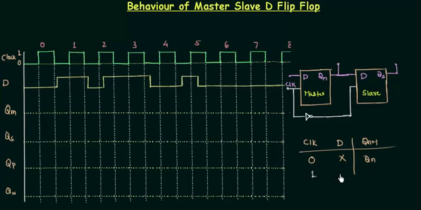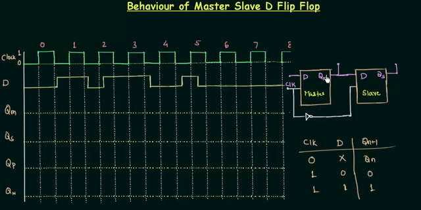When the clock is high and D is low, Qn plus 1 is also low, and when the clock is high and D is 1, the output is also going to be high. This is because when D is 0, it means S is 0 and R is 1, and when D is 1, it means S is 1 and R is 0. So we will use this table to find the value of QM.